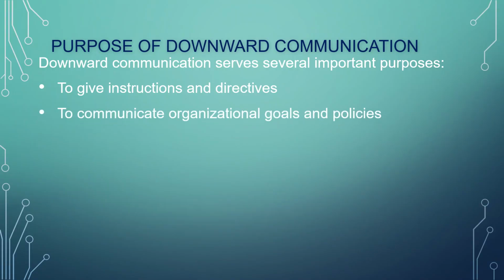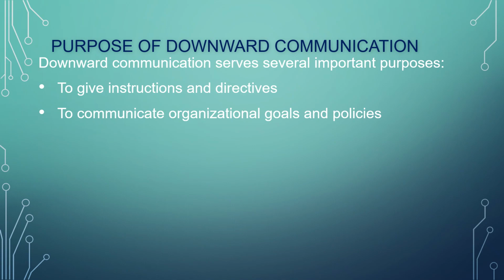Secondly, downward communication is used to communicate organizational goals and policies. You are going to understand that organizational goals and policies are generated at the top management level. The top management is the one that comes up with the policies and organizational goals.